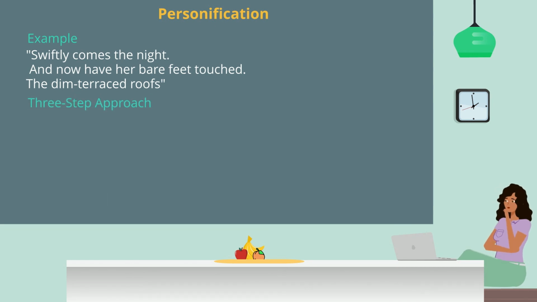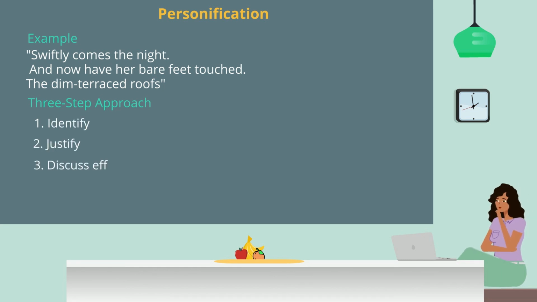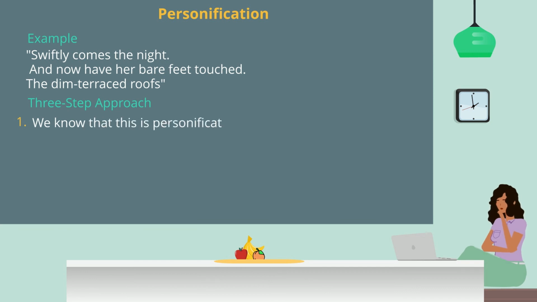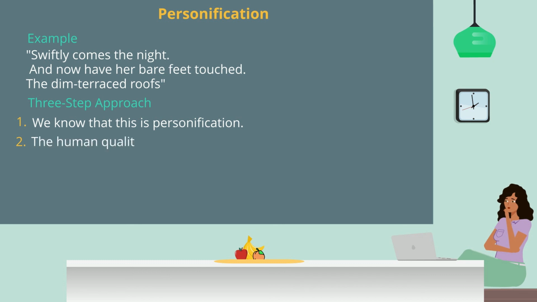Remember, the three-step approach is to identify, justify, and discuss effectiveness. Step 1. We know that this is personification. Step 2. The human qualities of touch and movement are given to the night.